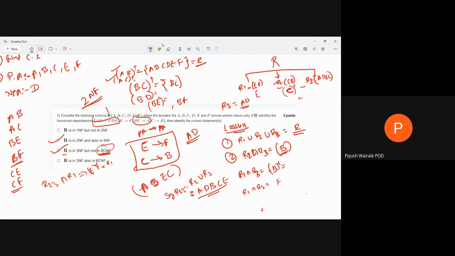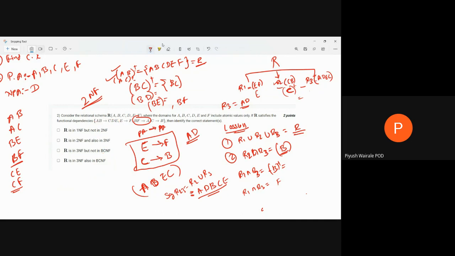Now, if you observe the second and third condition, what I said earlier, there must be some common attribute, and that common attribute must be a key, right? At the start of the session, I discussed one question. There is a very good question in quiz 2 mock, you can solve that.